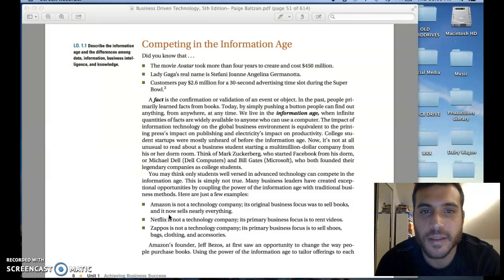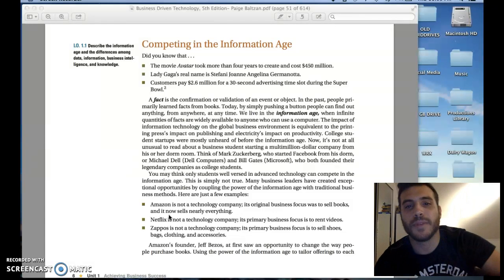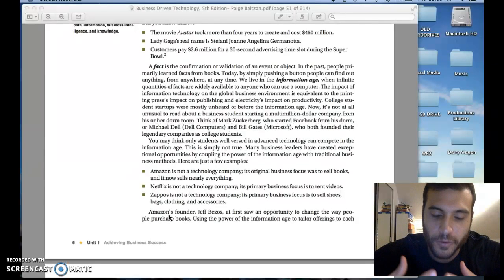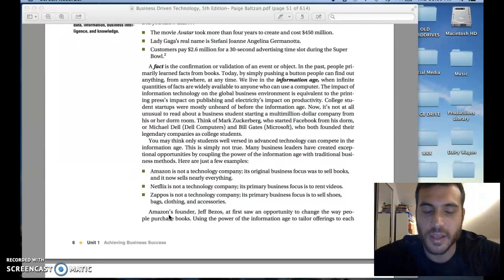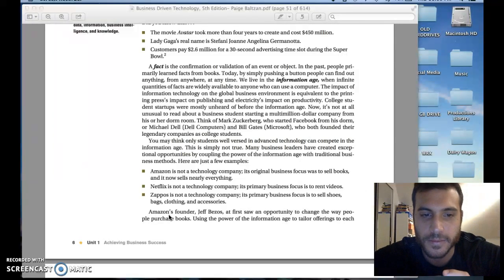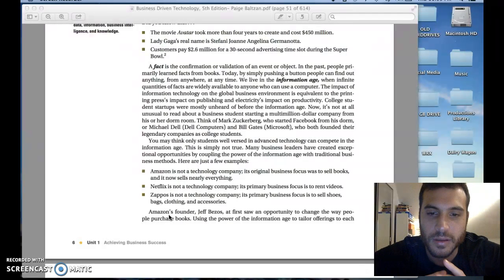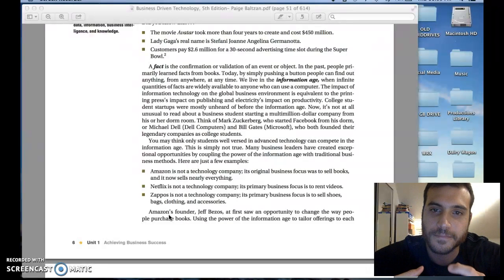this says competing in the information age. So basically, first we have to understand what is information and how to put it in terms of business. Now, information can be described as data that's transformed into something of meaning, therefore information.